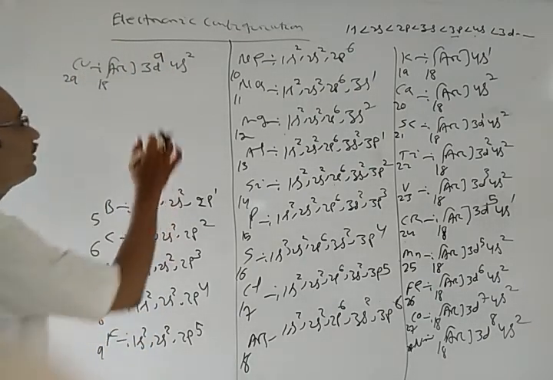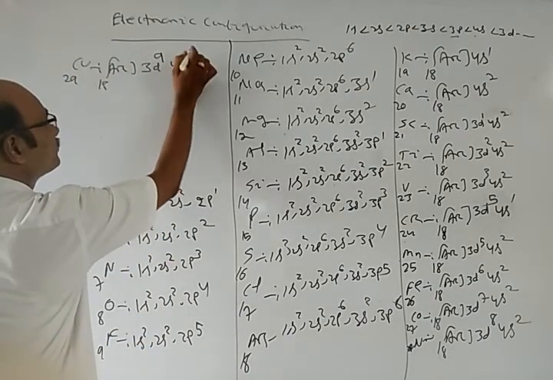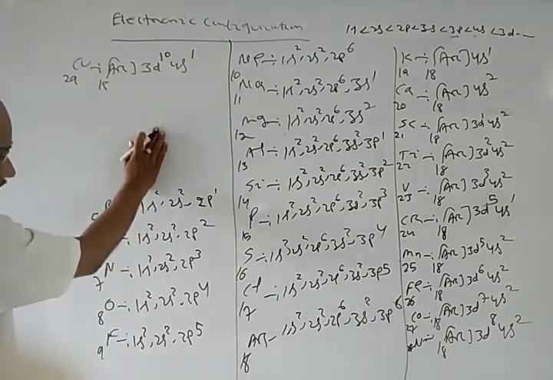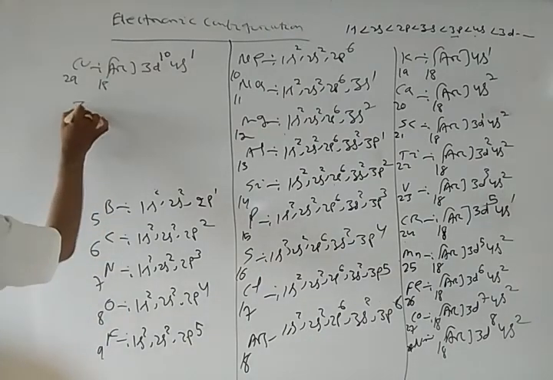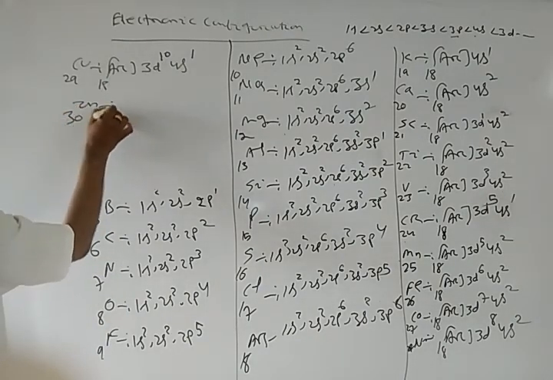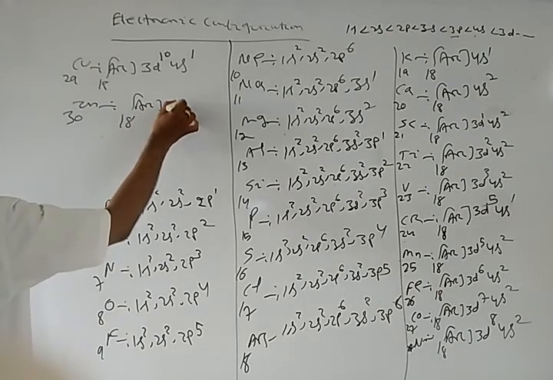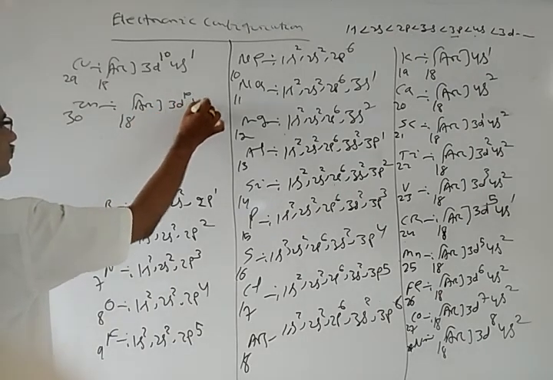This becomes 4s1 and this becomes 3d10. Then zinc 30, argon 18, 3d10, 4s2.